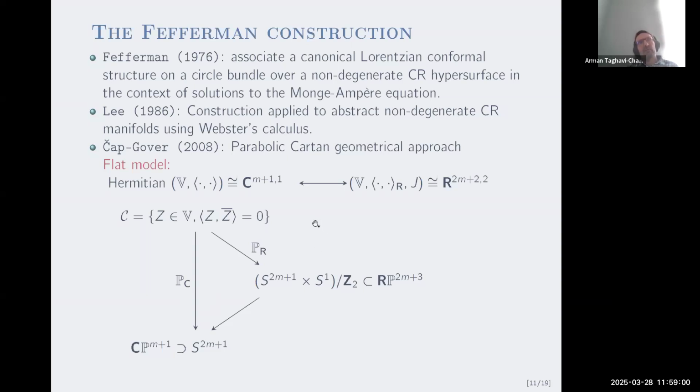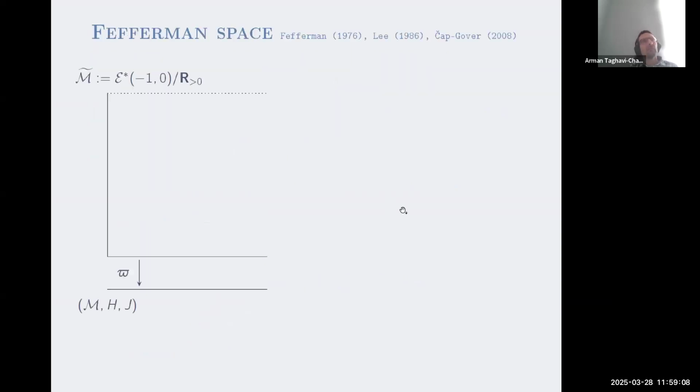Okay, so there is, of course, a curved version of this, and to describe it, I will use the approach by Lee, or actually, it's also the approach by Čap and Gover.